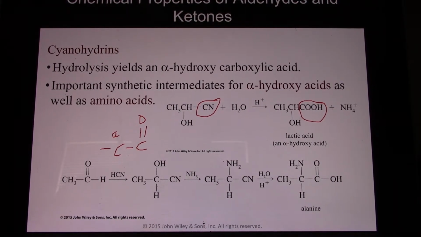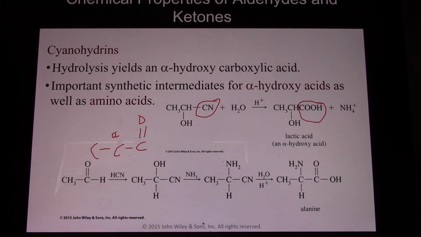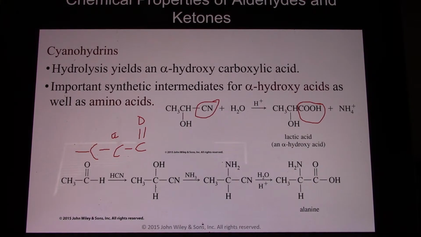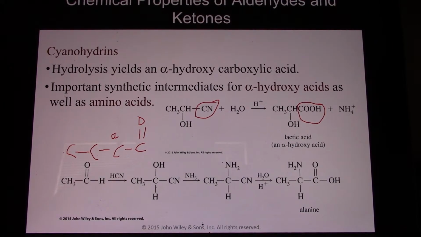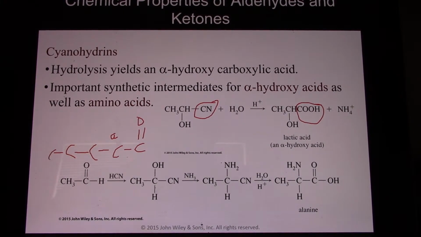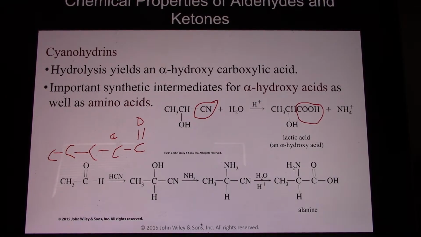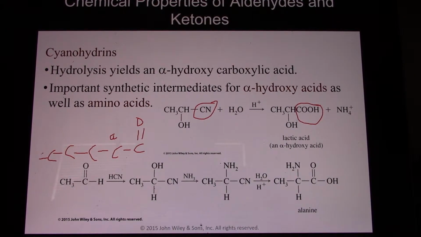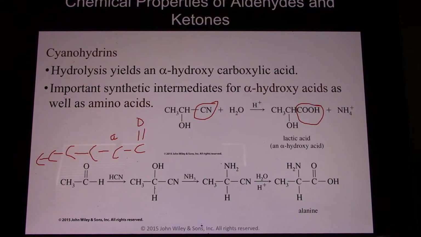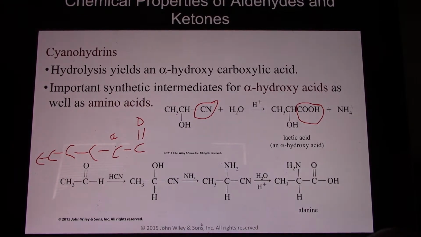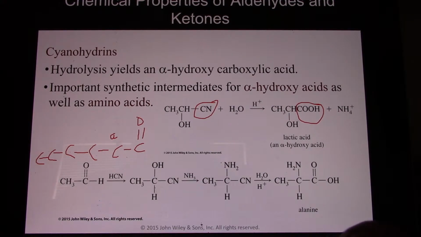Next carbon is your beta carbon, then your gamma carbon, then your delta carbon, and then 5 carbons out is your epsilon carbon. So it doesn't count the carbonyl carbon. The next one is the alpha, then the beta, then the gamma, then the delta, then the epsilon.